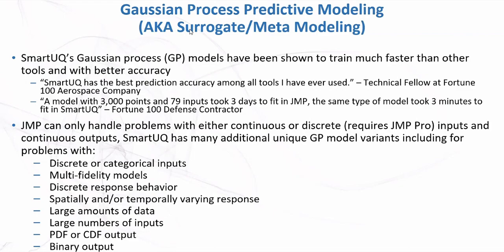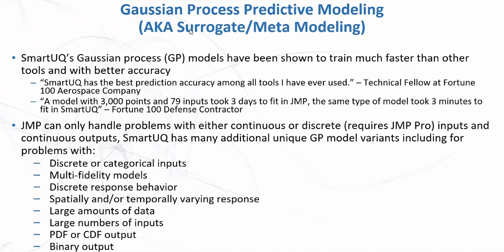The other thing that makes SmartUQ unique with respect to Gaussian process models is that JMP with Gaussian process modeling can only handle problems that have inputs that are either continuous or potentially discrete or categorical, although for discrete inputs that requires JMP Pro, and continuous outputs.